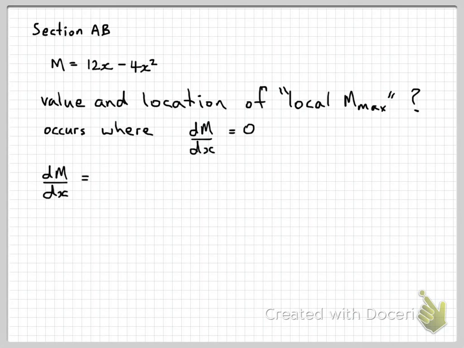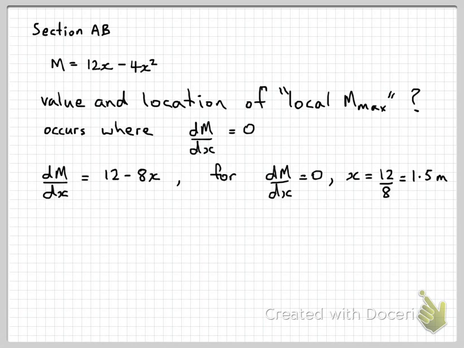So if we do dM/dx of our equation here, the differential of 12x is 12, the differential of minus 4x squared is minus 8x. So for dM/dx to be equal to 0, we of course need x equals 12 on 8, which is 1.5 meters. So our local maximum will be at 1.5 meters from the left-hand end.